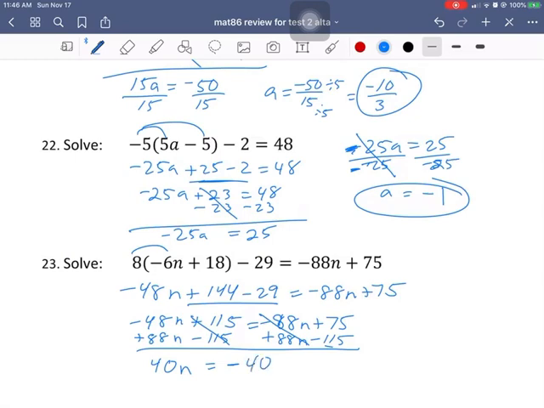Yeah, that's what I thought it was. It's kind of strange. Okay. 40, 40. So this is going to be n equals a negative 1 also. I was just checking. All right. That's it for that one.